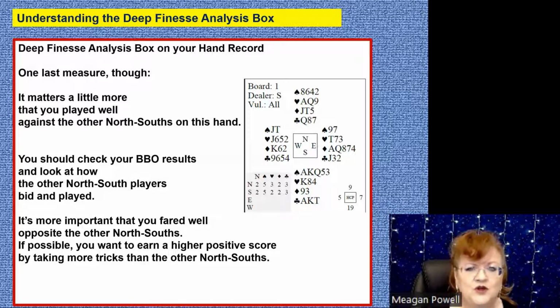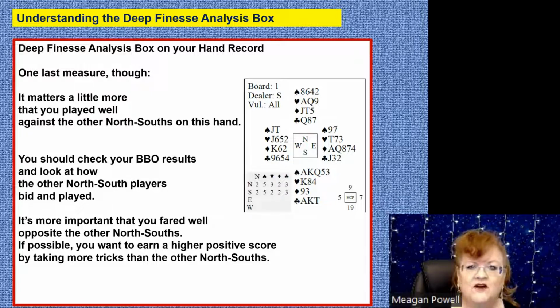And so what you really want to do at times is to go back into your BBO results, look at this particular board, and then go and look at all the other North and Souths who played this board. You'll see that in your BBO listing. You will see this board won, and you'll see every pair next to it who played this board. And you will see their scores. You will see how many tricks they took.